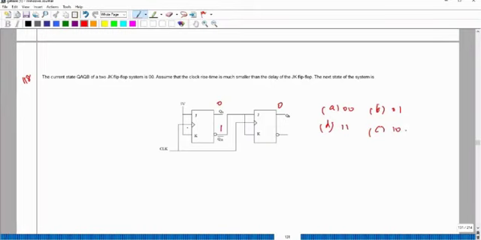If it is 5 volt, JK both are 1. Both are 1 means it will act as a toggle flip-flop. So 0 becomes 1 now. So this 1 will reach this, so you will get the answer as 1. This is your answer.